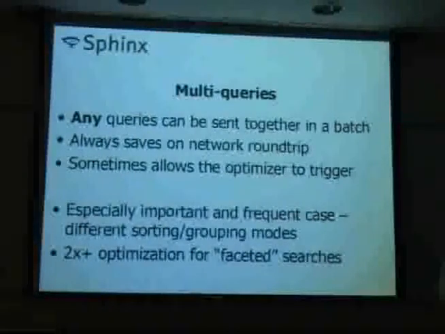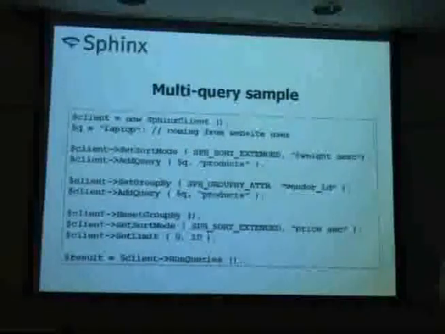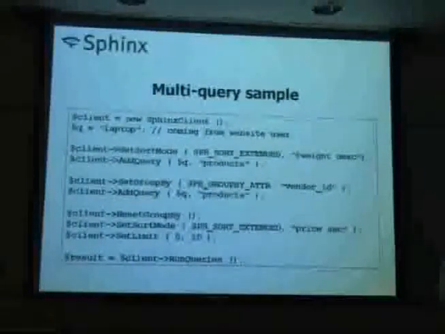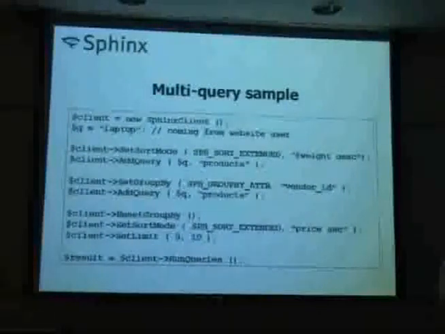You also might want some per vendor statistics, and so on and so forth. And this is the example of how you do that with Sphinx. You just set up a bunch of queries, having different sorting modes and grouping modes, and perhaps limits. And you fire them in one batch using one queries API method.